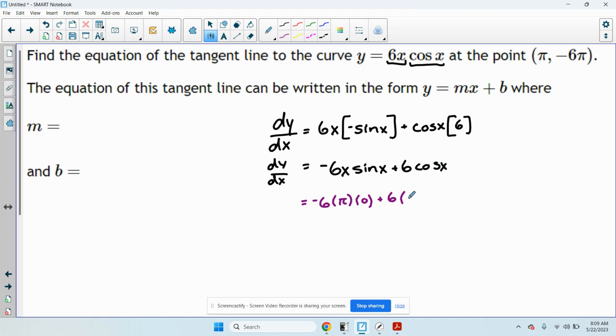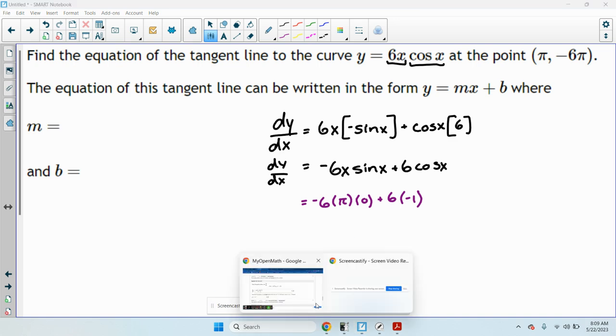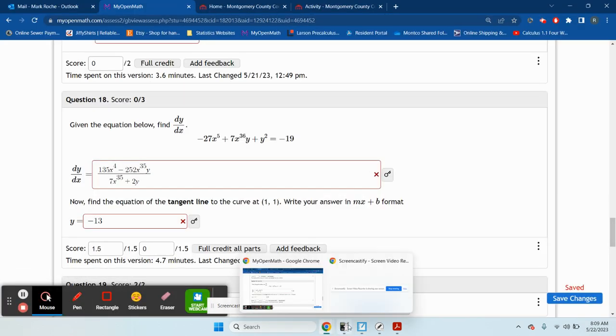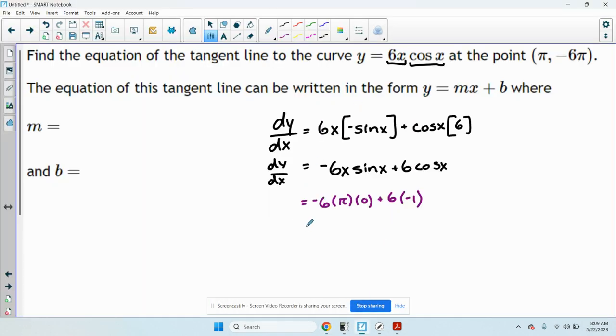Cosine of pi is negative 1. Okay, so we have negative 6 pi times 0. Well, that's just going to go away. So we're just left with negative 6. That's our slope.